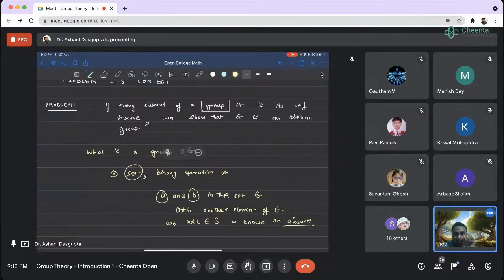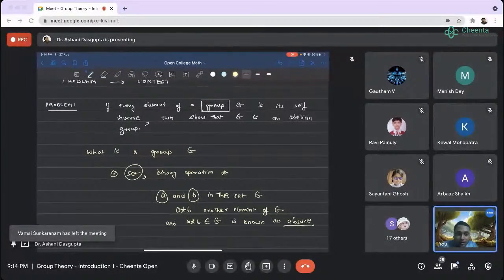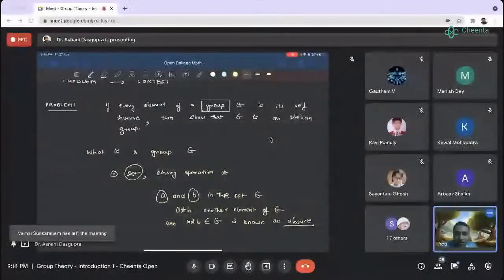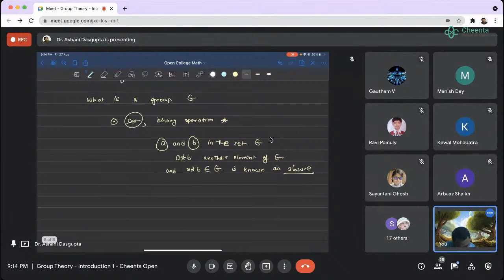That is, we usually say multiply, or you can say combine: combine two elements of the group, and you get another element of the same group.